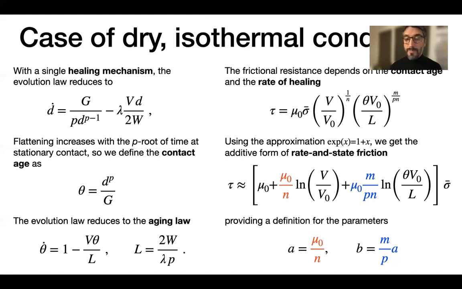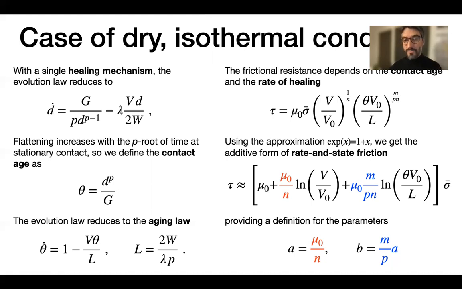We can also expand the multiplicative form through a Taylor series expansion using the Taylor series expansion for the exponential, which is 1 plus x, when x is small. And that provides the additive form of rate and state friction, which is an approximation to the multiplicative form.